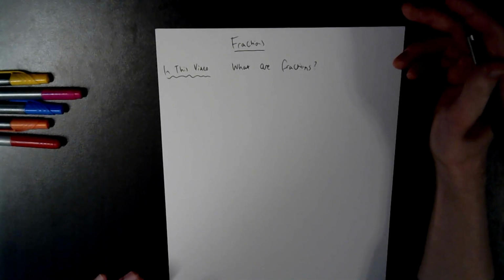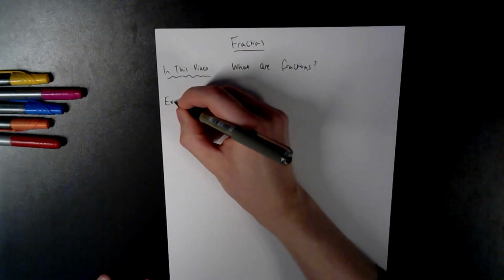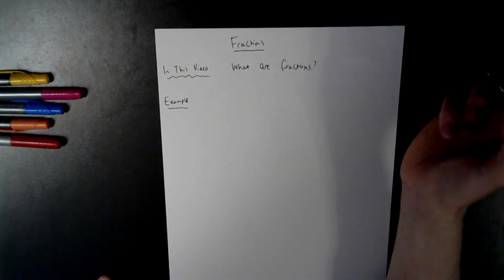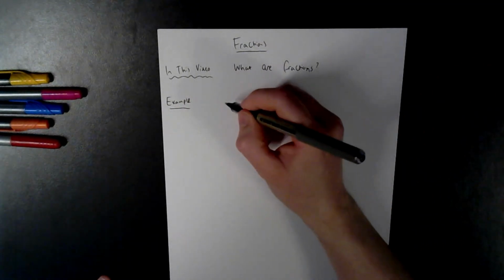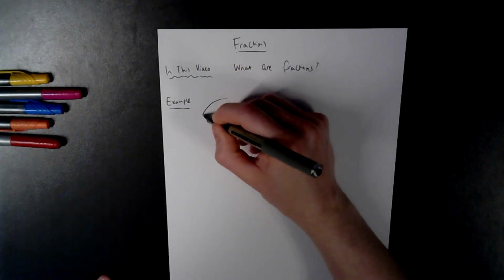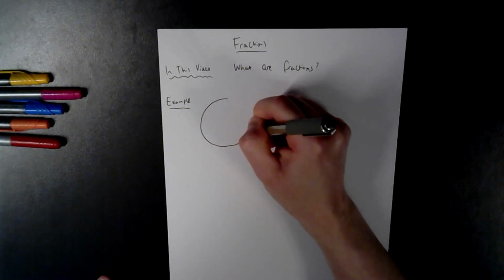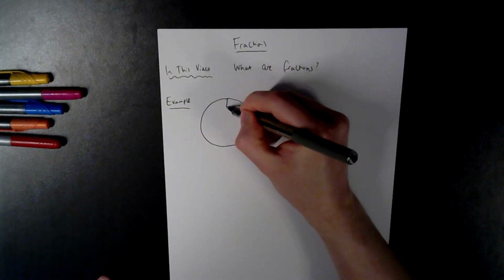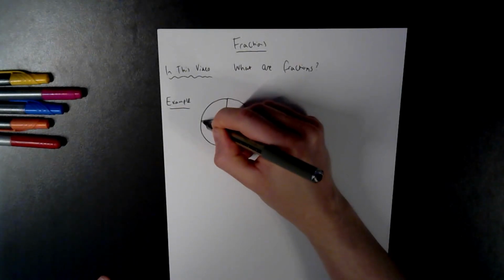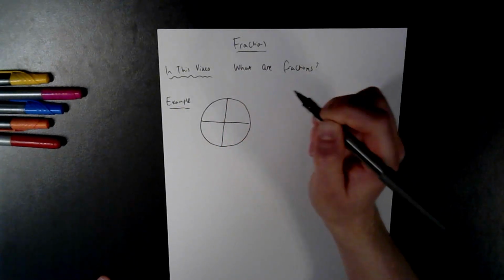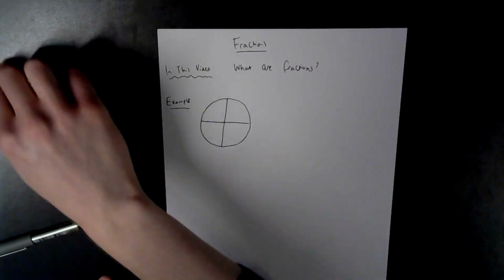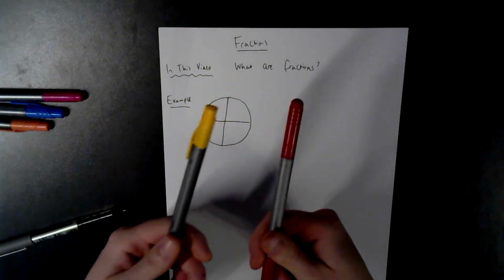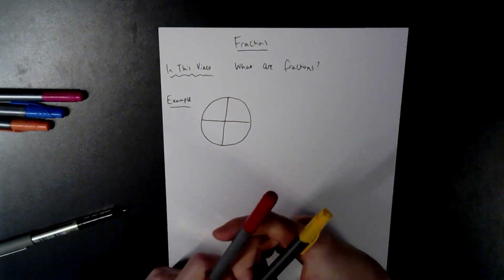So I'm going to start with an example to get us in the mindset of fractions, which is, let's say that you've just made a pizza. You've got it out of the oven and you decide to cut it up into 4 slices. I'm going to use the colours yellow and red here just to show the cheese and the tomato on the pizza.